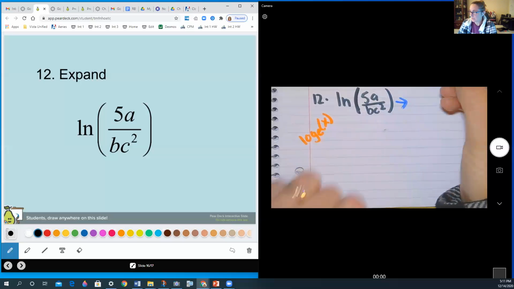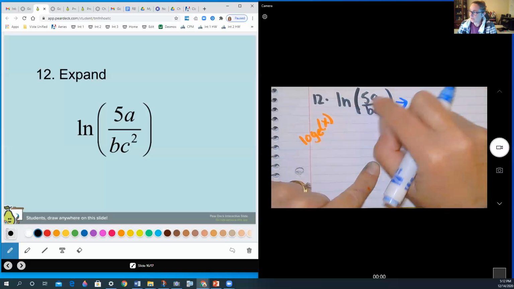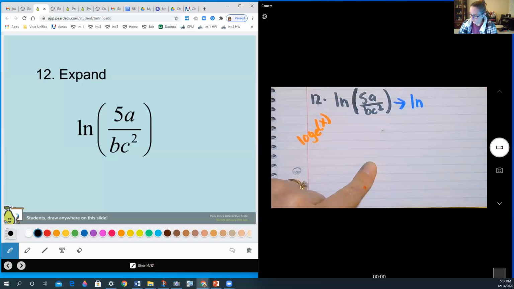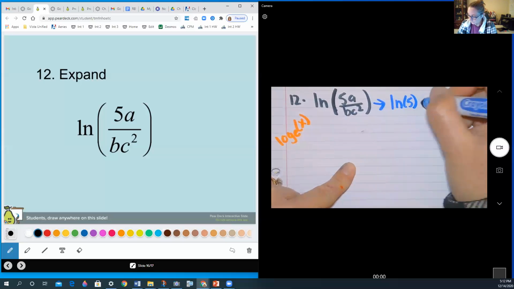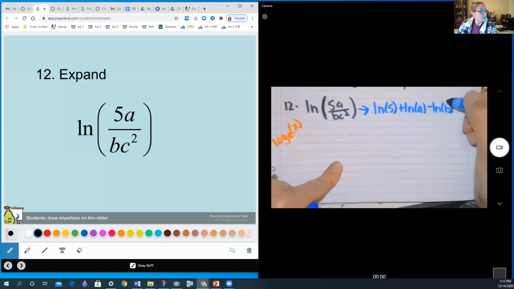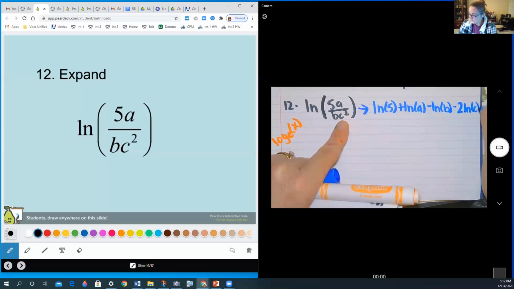So to expand this, I'm going to have a log, or in this case, natural log, for 5, for a, for b, and for c squared. So anything on top is going to be adding, anything on bottom is going to be a minus. So I'm going to have ln of 5 plus ln of a, minus ln of b, minus, and then for the c squared, the 2 comes in front, so 2 ln of c.